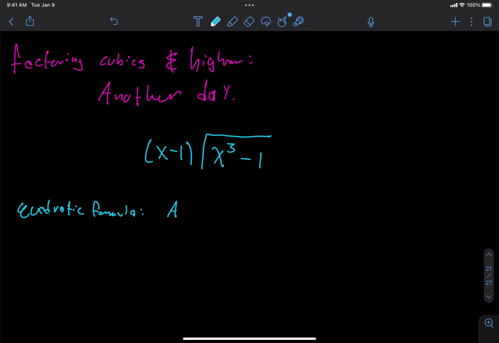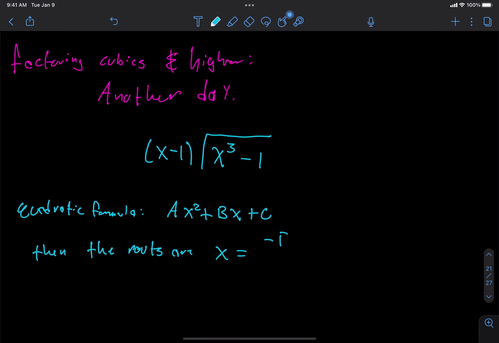So if we have ax squared plus bx plus c, then the roots are x is equal to what? Anybody remember what it is?